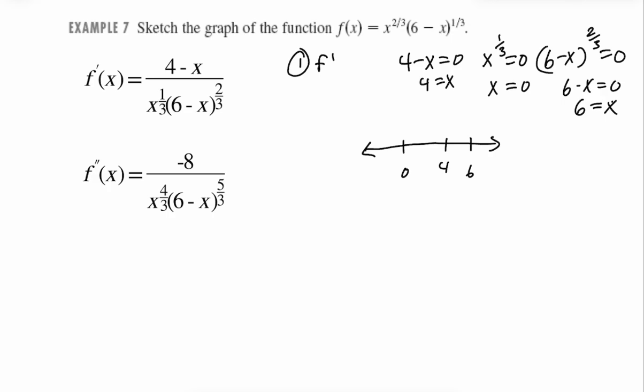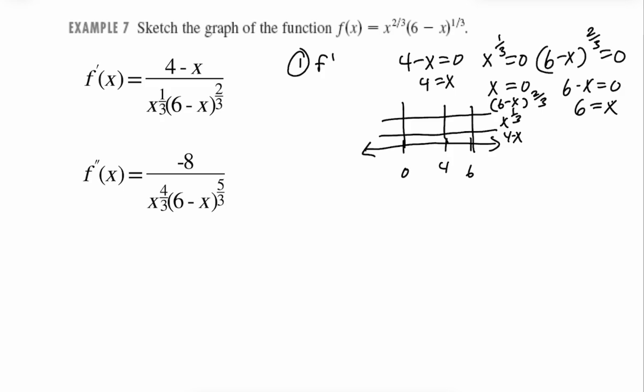I am going to plug into each individual piece. So I've got that 4 minus x in the top. I've got an x to the 1/3. That does say x to the 1/3. Sorry, it's so gross. And then 6 minus x to the 2/3. And then I'm going to plug in some values.